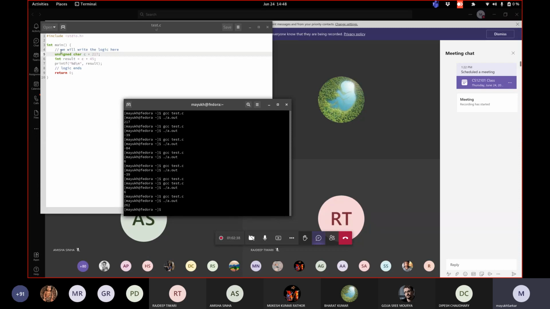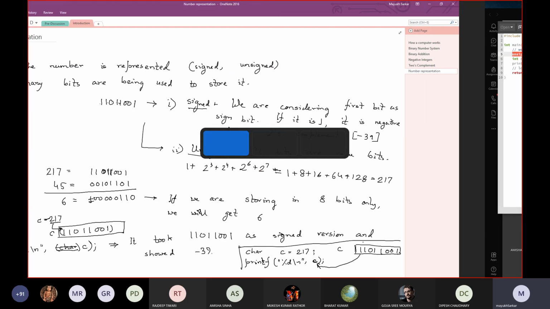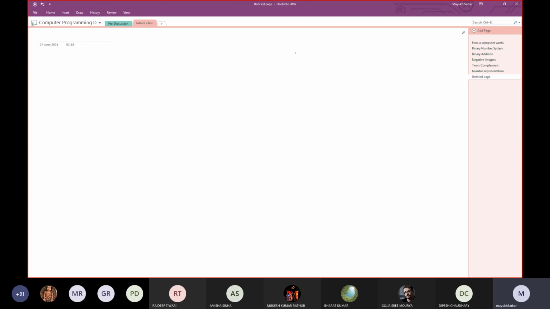What is the difference? Why did the difference happen when I omitted unsigned and when I wrote unsigned? Let me show that. You'll see all these things in great detail later on. First of all, when I wrote char C 217, and then I wrote int d is equal to, suppose here there was result there, C plus 45.